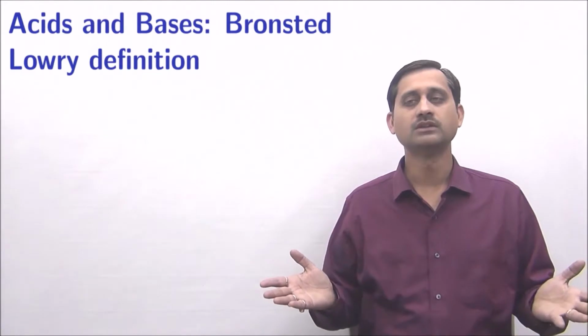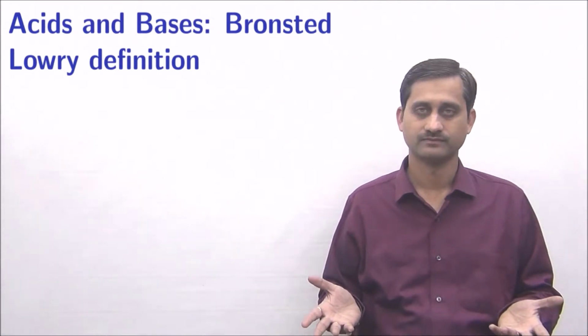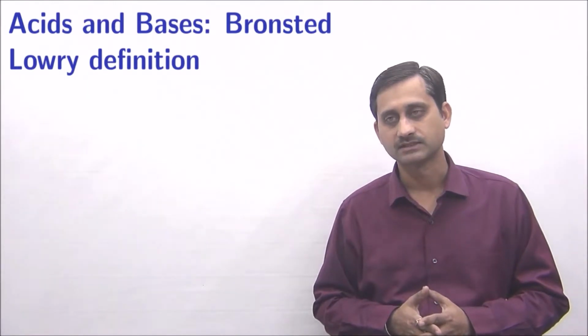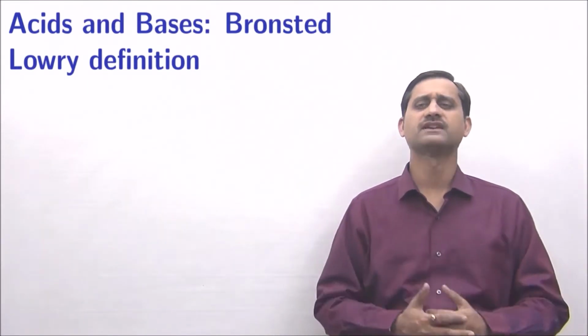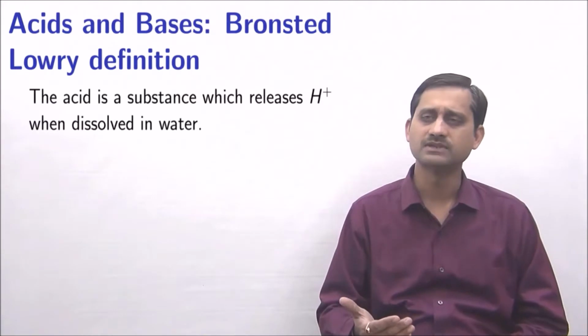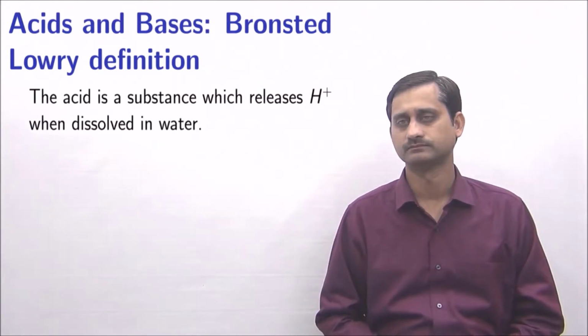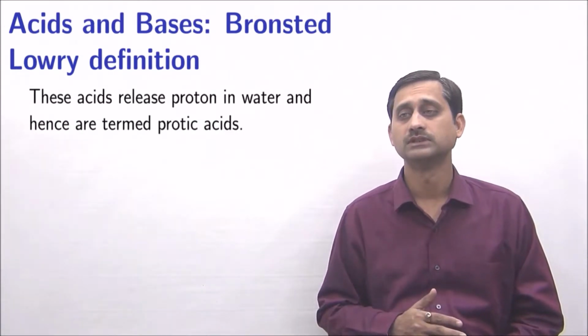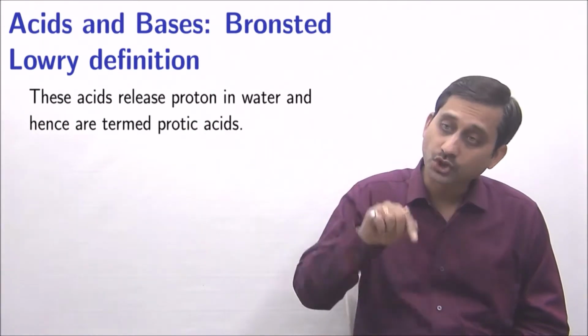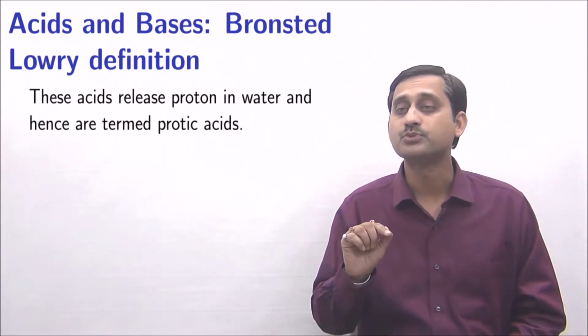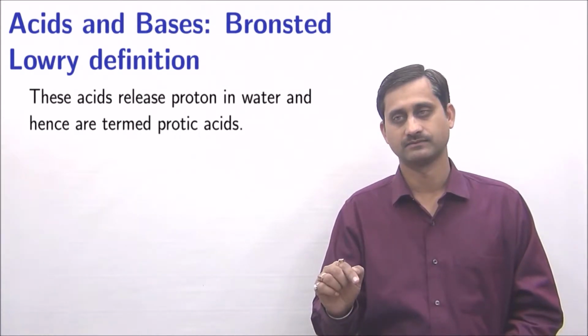Now, moving on to the next definition, the Bronsted-Lowry definition of acids and bases. According to this definition, an acid is a substance which releases H plus when dissolved in water. H plus is the proton. These acids release protons in water and hence are termed protic acids.